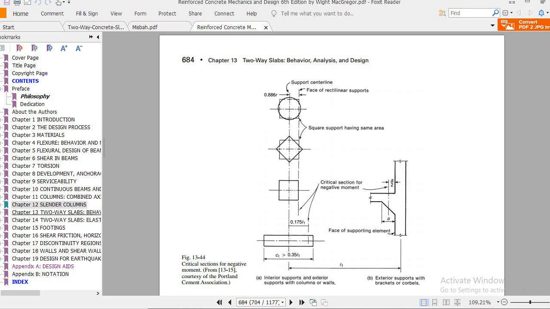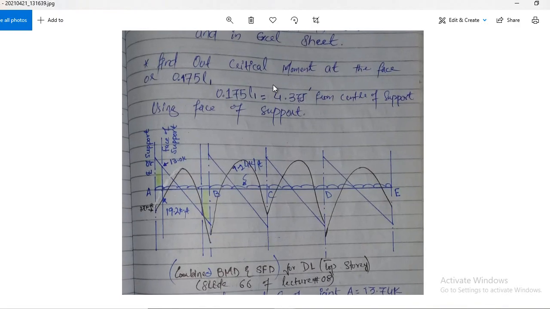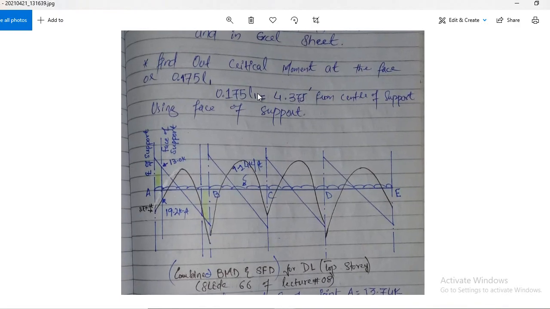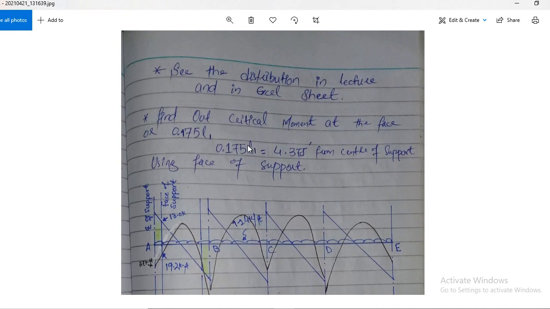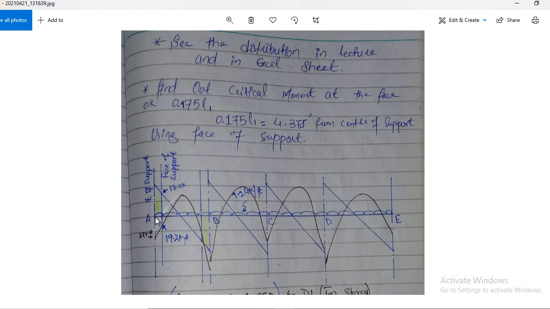In our previous example, example number 1 by the equivalent frame method, we have this column right here, but in that case our column is 14 inch and from the center it is 7 inch. The face of the column is 7 inch from the center line. So in that case this distance is 4.375 feet.